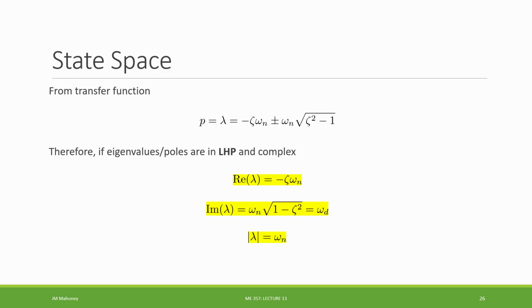So first, if we take the magnitude of our eigenvalue or pole, the absolute value of it, that is the natural frequency. Once we know the natural frequency, then we can go back and find the zeta value. So we can go back and forth between the poles and the damping ratio and natural frequency by knowing these relationships.